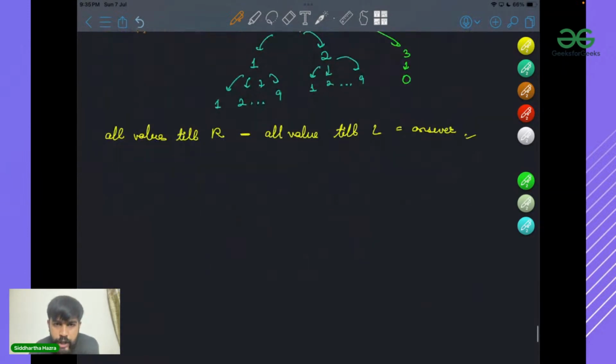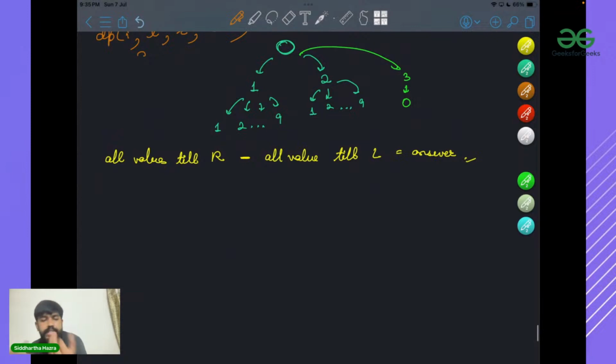If you are a person who knows digit DP, then you would know the standard DP state we use. This is the level that we are talking about. For example, this is level 1, this is level 2. Level just tells me how many digits I have taken in this question.